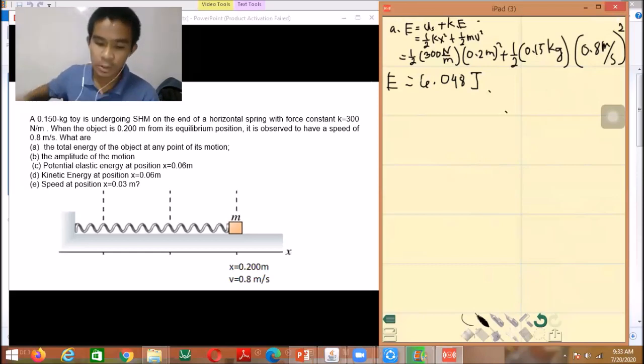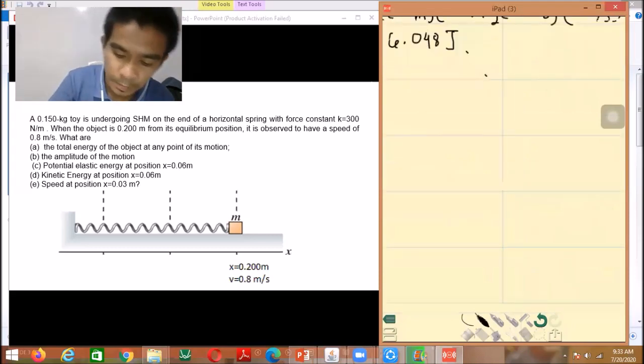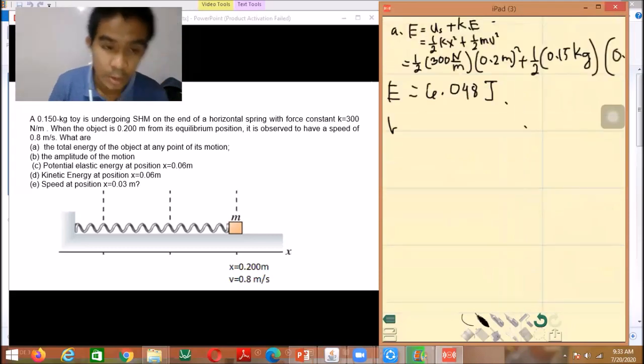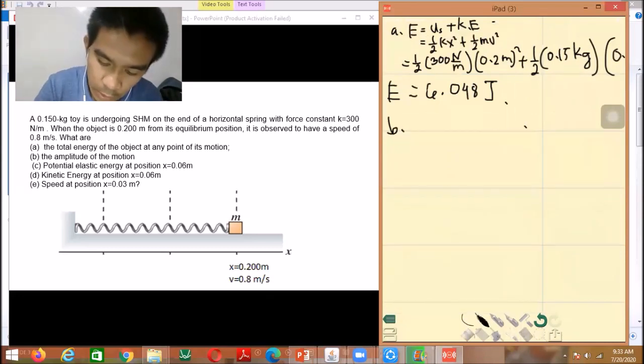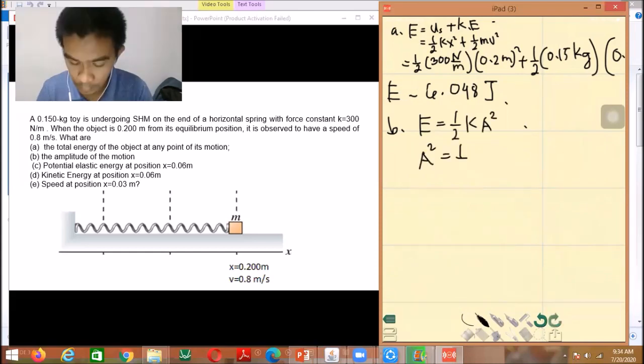So next, let's proceed to letter B. What is asked here is the amplitude of the motion. We know that the total mechanical energy is 1/2 k times the square of the amplitude.